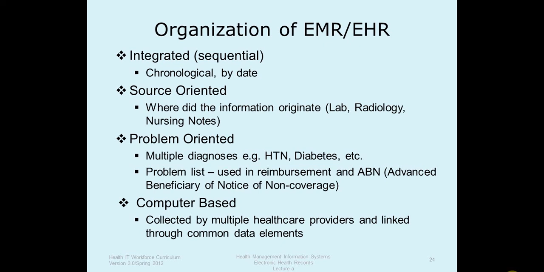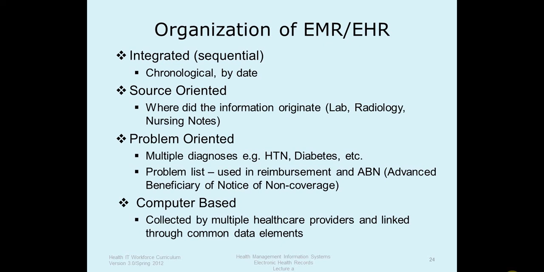So if you came into your doctor's office and you wanted a pregnancy test, you'd better have a problem list or a diagnosis of amenorrhea, which is missed periods, a diagnosis of pregnancy based on something. So what is your problem? Your problem list is amenorrhea. You're sexually active. You're not on birth control. Then insurance will pay for your pregnancy test.